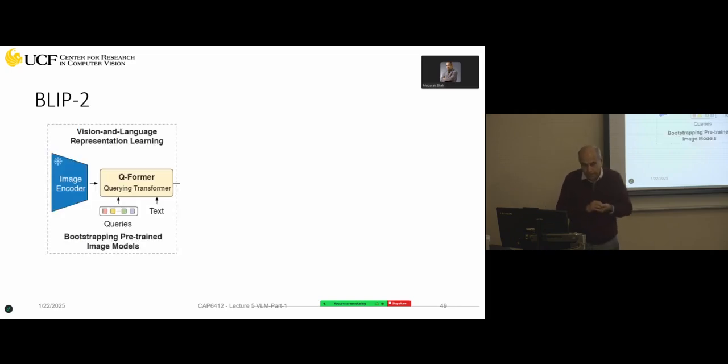Okay, so the idea here is that you use an image encoder like CLIP, but you do an additional thing: you want to extract the relevant information from an image based on the text. So these are the queries. The queries will be learned, and in a way these queries are extracting the useful information from the image based on what you are asking, what your text is.